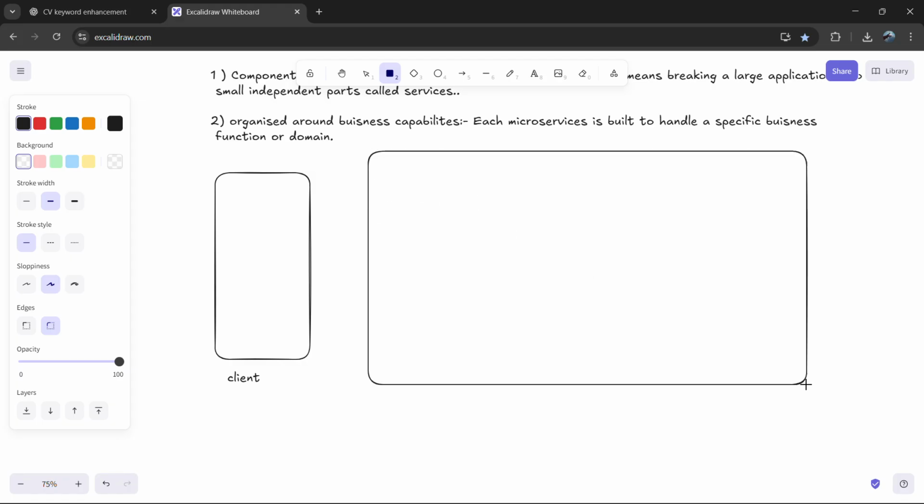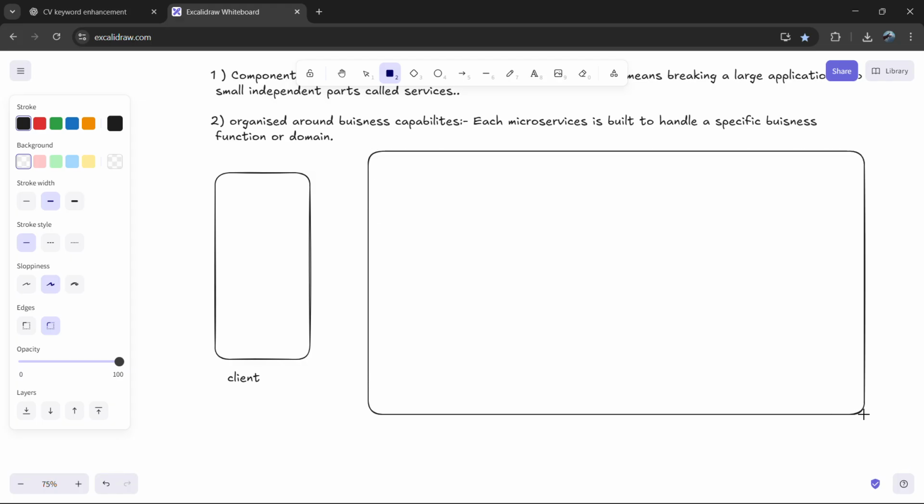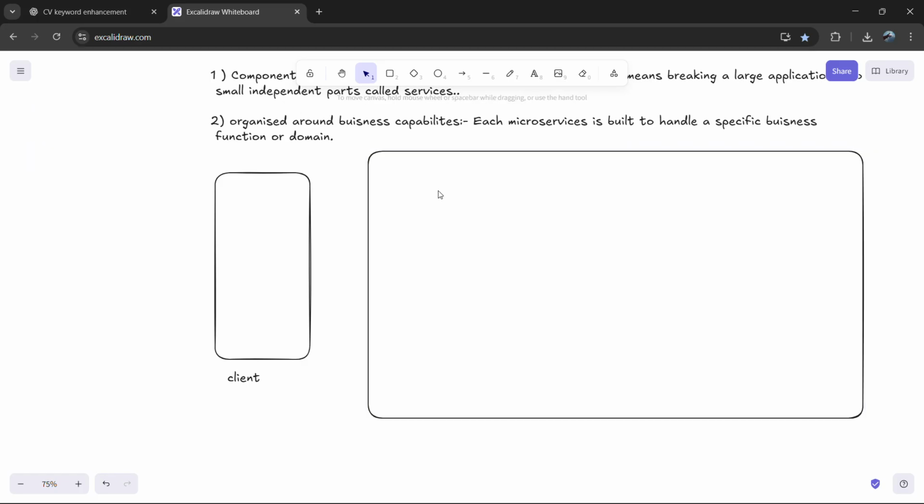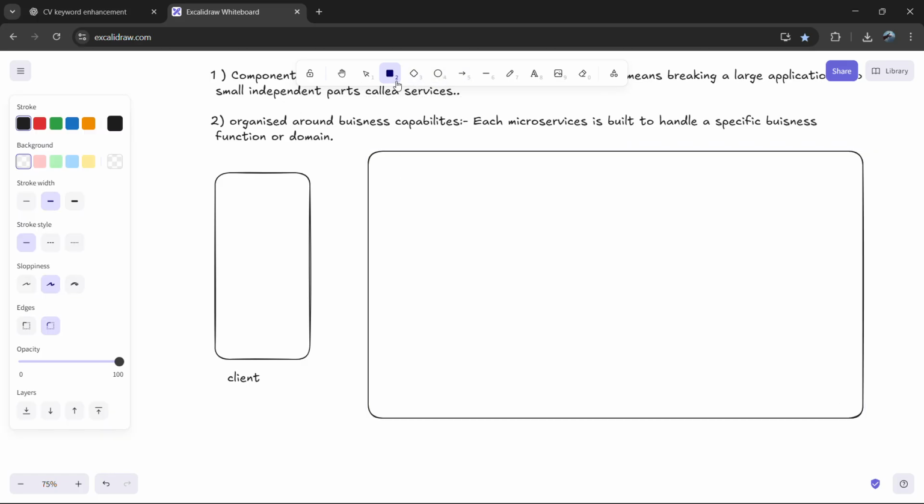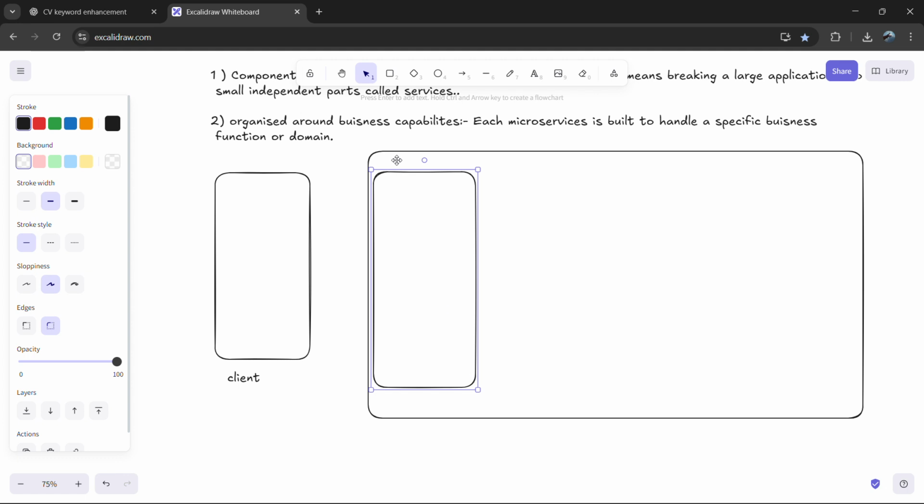Suppose this is the whole backend system, and this is the API gateway.